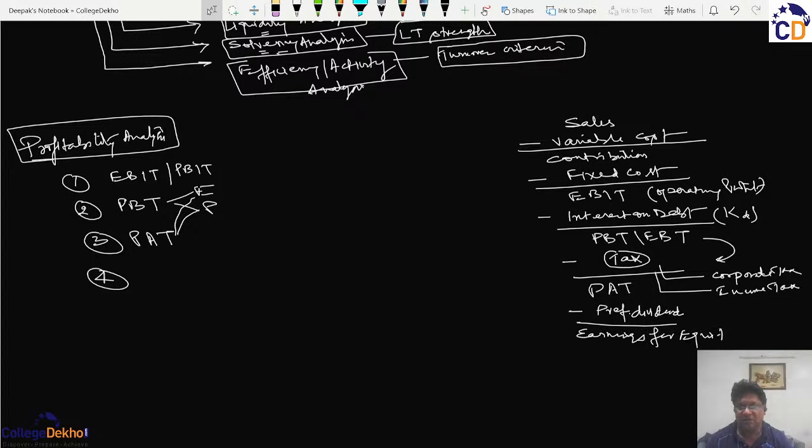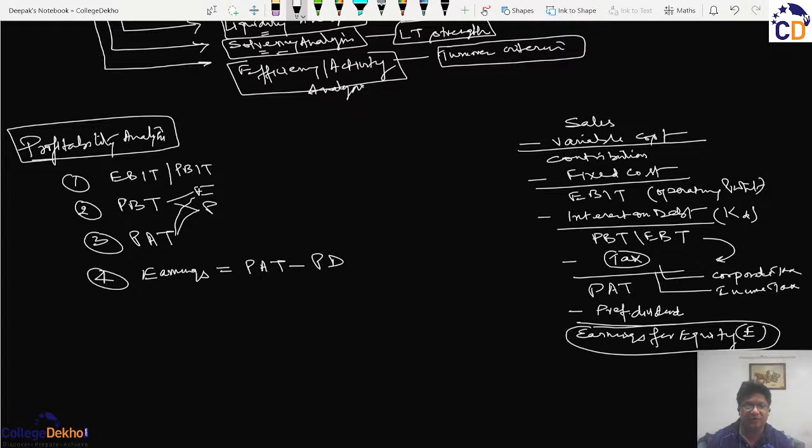If we denote it by the letter E, this is the earnings which will be going into the hands of the equity shareholders. The fourth criterion comes to mind, the earnings, which shall be equal to profit after tax minus preference dividend.